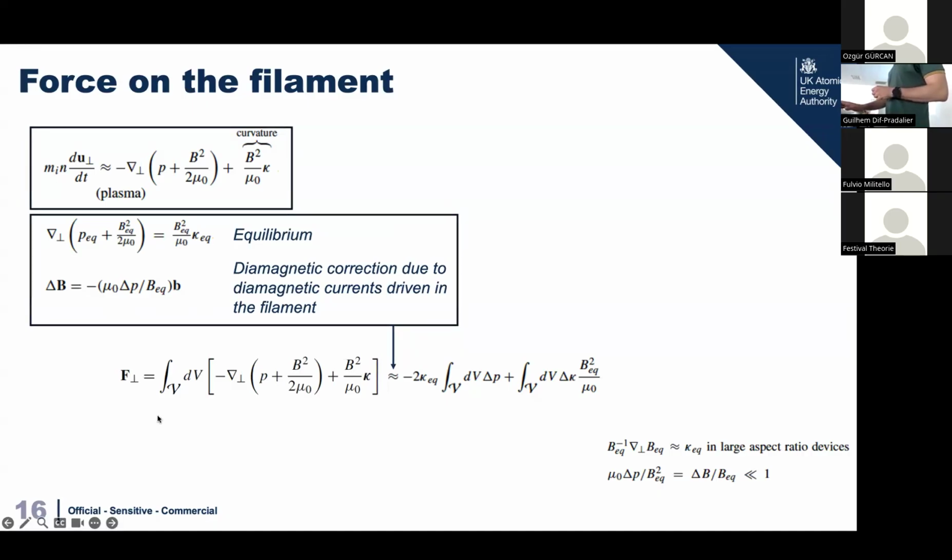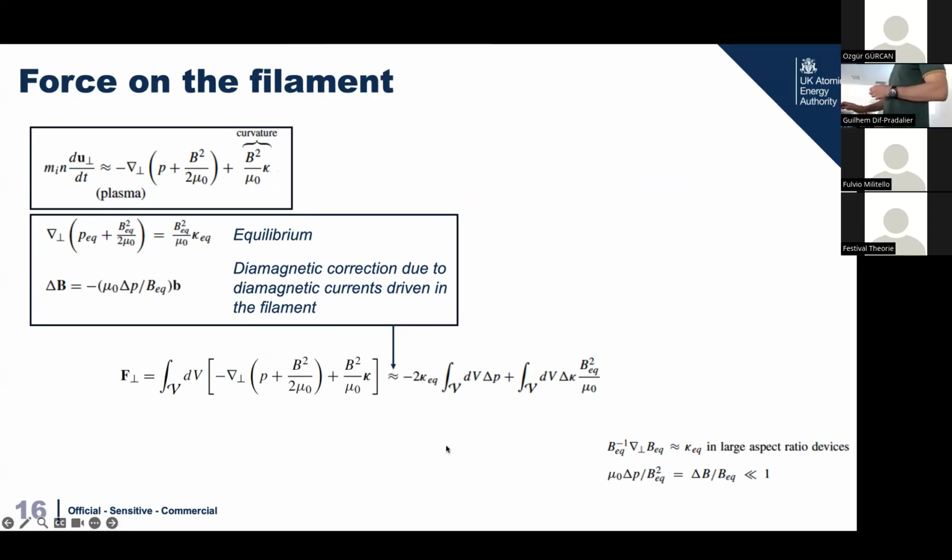And so what we can do is to put the equilibrium in this observation of the diamagnetic effects into the force that we have on the filament. And with a little bit of algebra, and assuming that we have a large aspect ratio, so a big torus with a large aspect ratio, and we have low beta, so the pressure is less important than the magnetic field, we find that this force separates out into two pieces.